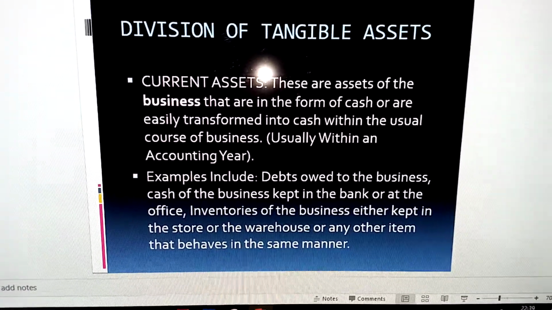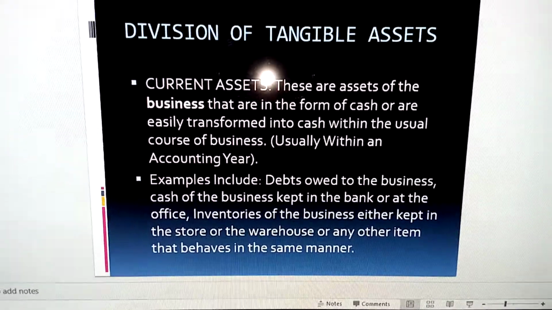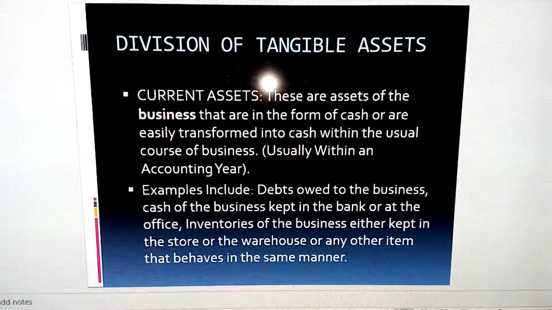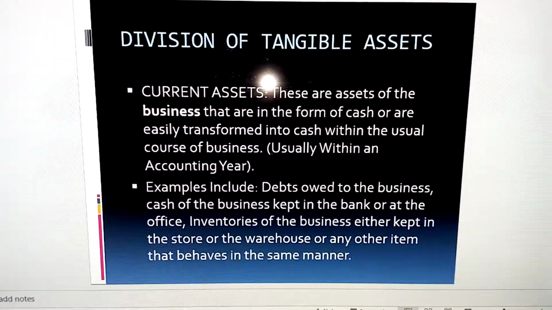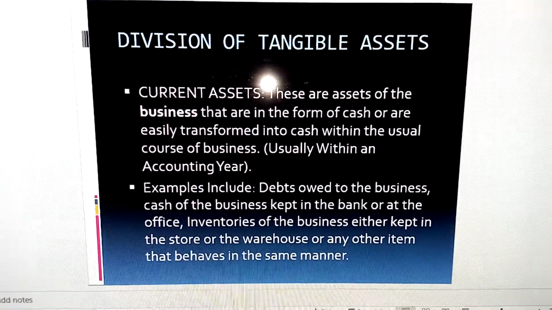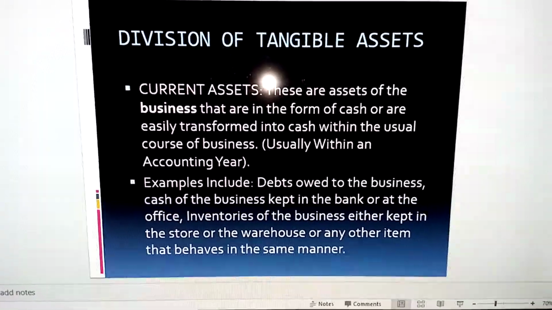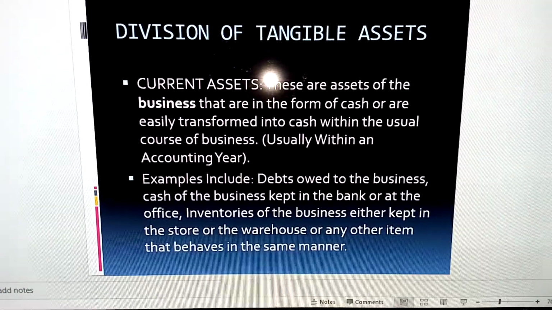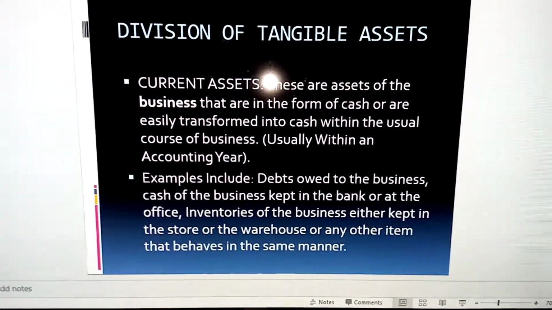Now, what makes an asset current? Current assets are the assets or the business resources or the business belongings that are in the form of cash or are easily transformed into cash within the usual course of what? Business.